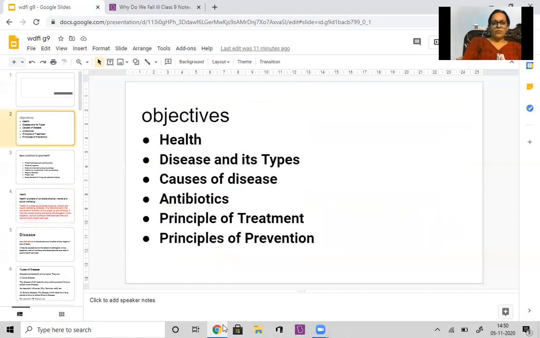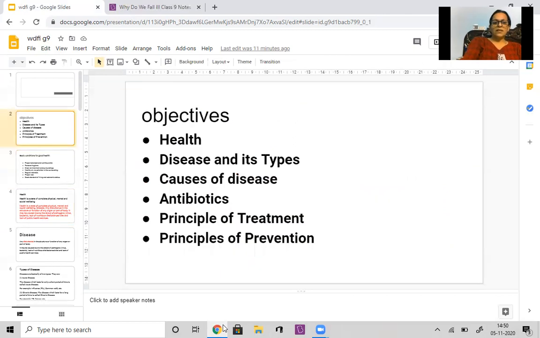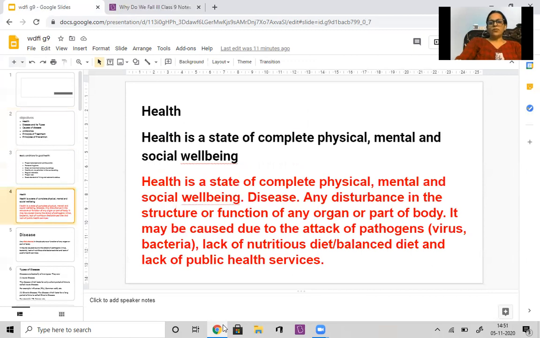We have just discussed that health is complete physical, mental and social well-being.